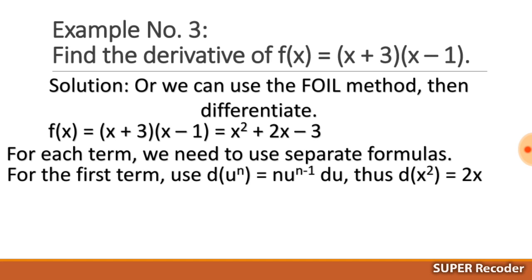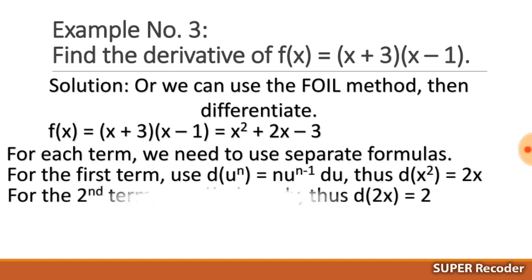So the derivative of x squared will become 2x. For the second term, 2x, we're going to use the derivative of a constant and a variable, so c times the derivative of the variable x. So the derivative of 2x is equal to 2.